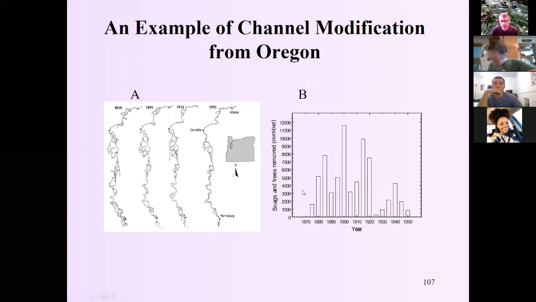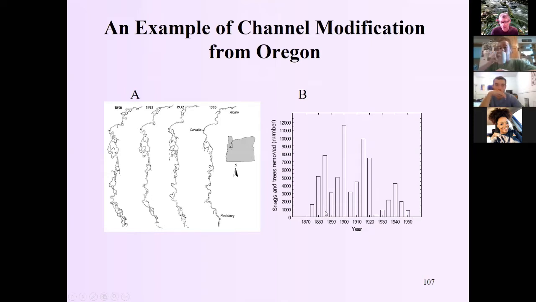Part of that was pulling out trees, dead trees, snags from the river that would impede the boat traffic. And this is the number of snags that were removed from the river each year from 1870 to 1950.